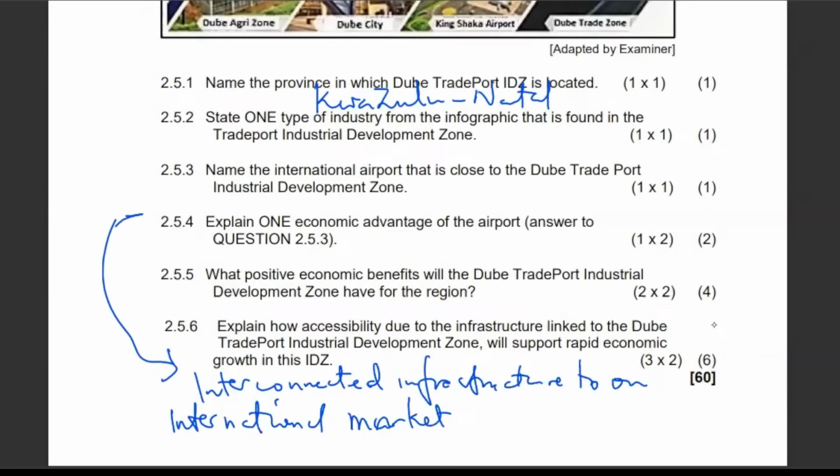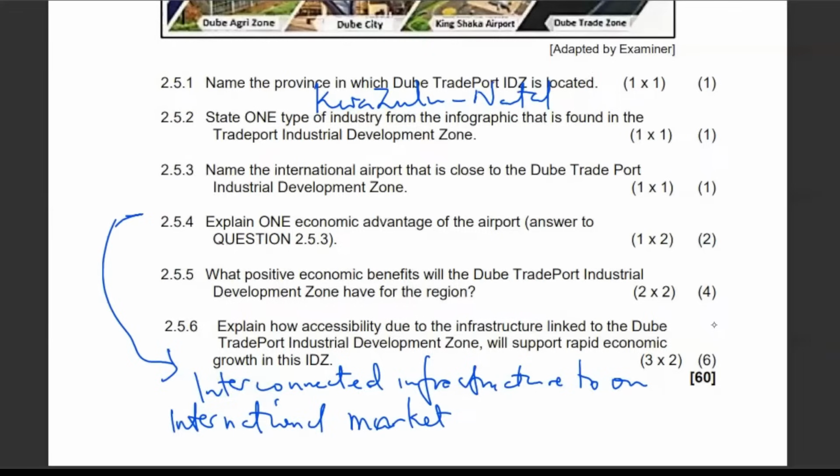And ultimately, those businesses, those industries, can compete on the international market because they can easily access the airport and sell their products on an international scale.